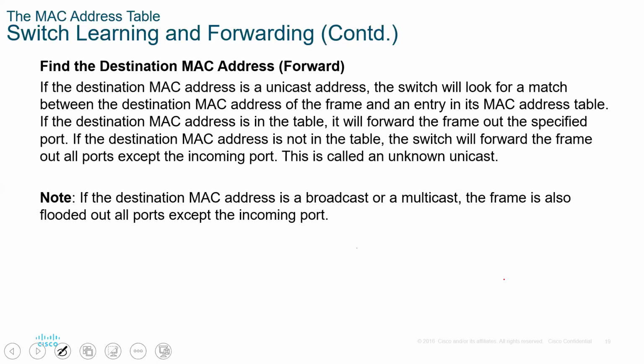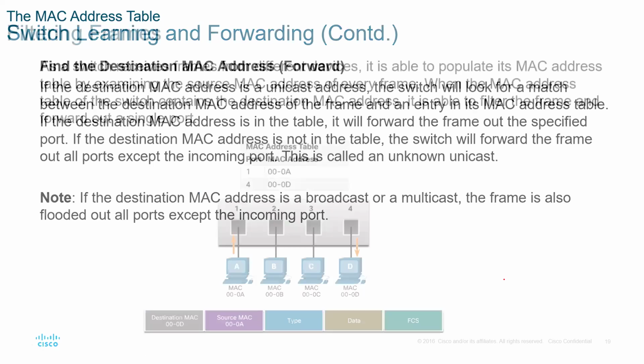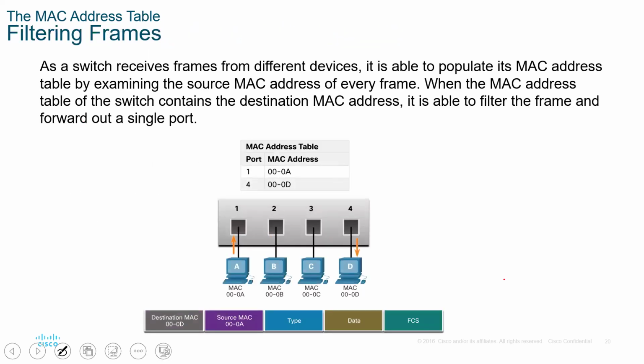If the destination MAC address is not in the table, the switch will forward the frame out through all the ports except the incoming port. This is called unknown unicast. But if the destination MAC address is a broadcast or multicast address, the frame is also flooded out through all ports except the incoming port.